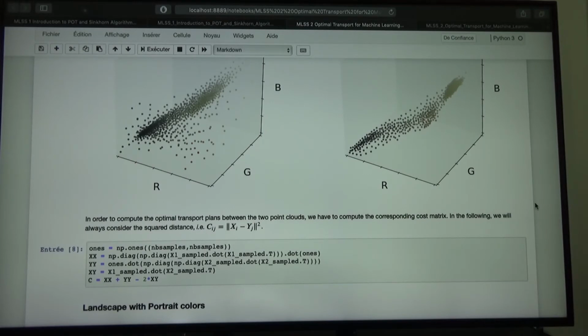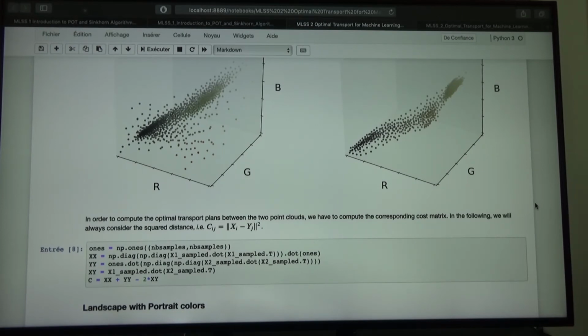So maybe the squared Euclidean distance in this RGB space is not really the most appropriate. It's actually very simple to compute, but maybe we could come up with some specialist knowledge. Maybe you're a specialist of colors and you know that this color is more similar to that color, and you could design some specialist cost matrix. So that's how you can choose in practice.